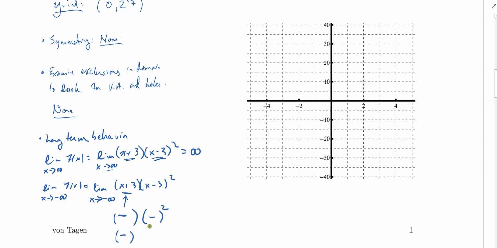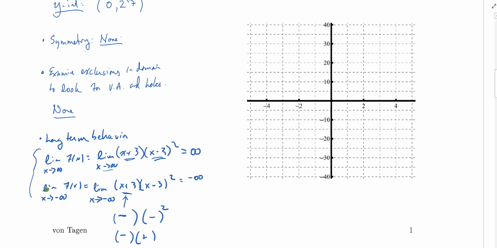And two negatives being squared is a positive factor. And so this whole result comes out to be a positive expression. And so the product of these two is a negative expression. Negative times a positive is a negative, and so we get negative infinity as we approach, as the domain values go far to the left.